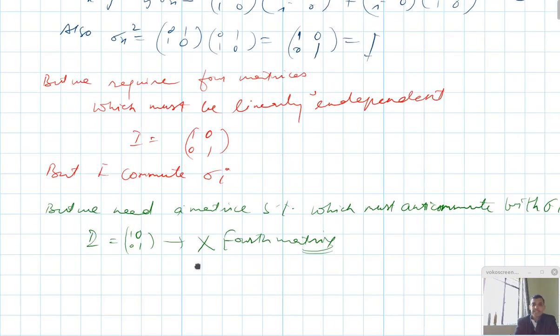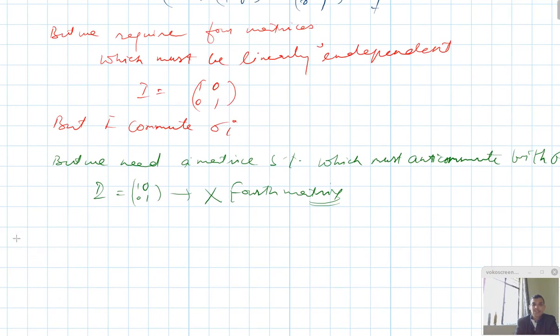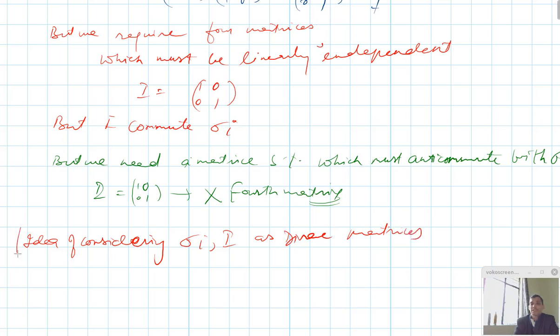So the idea of considering the sigma i's and I as Dirac matrices cannot fulfill our requirement.